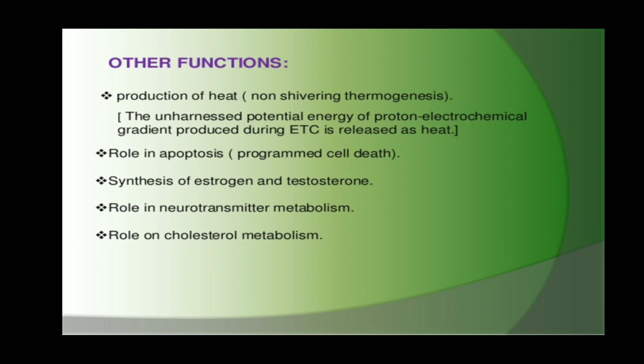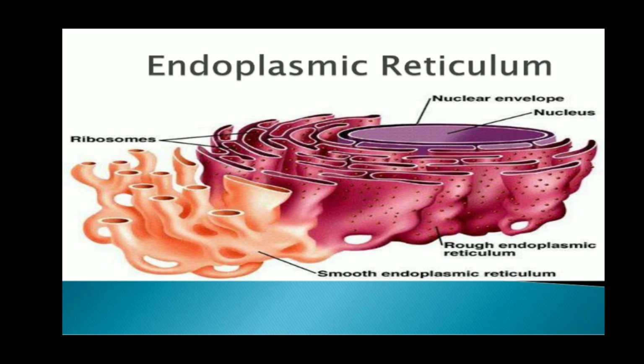Then mitochondria is also involved in the apoptosis process, meaning programmed cell death. Then it's also involved in neurotransmitter metabolism as well as cholesterol metabolism. Right? So this is all about the mitochondria.